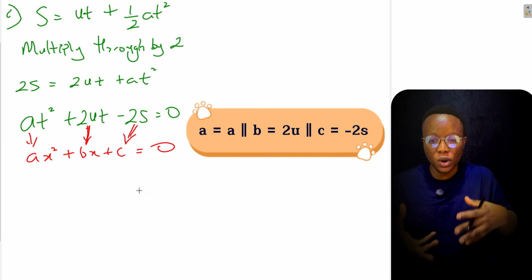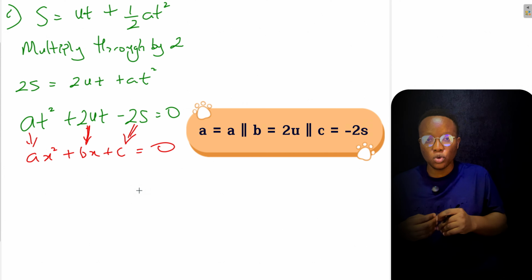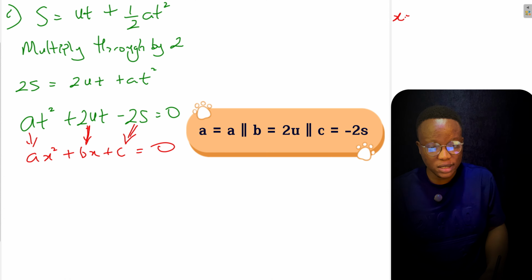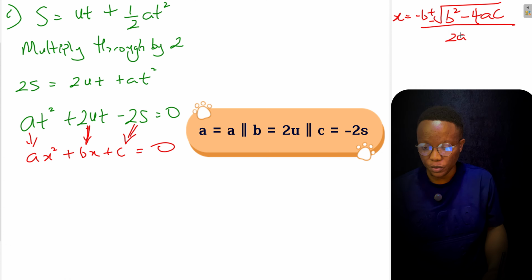So what we're going to do here is simply apply the quadratic formula. And what's the quadratic formula? Let me write it somewhere here. The quadratic formula is x is equal to negative b plus or minus the square root of b squared minus 4ac all over 2a.